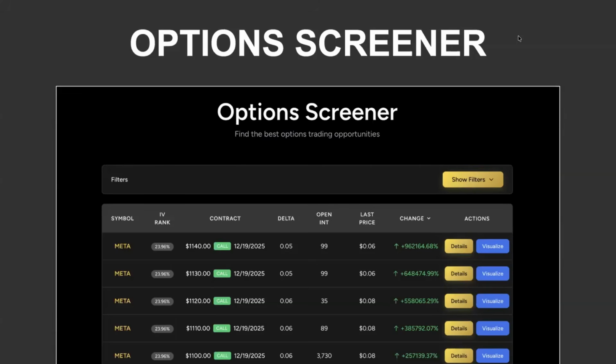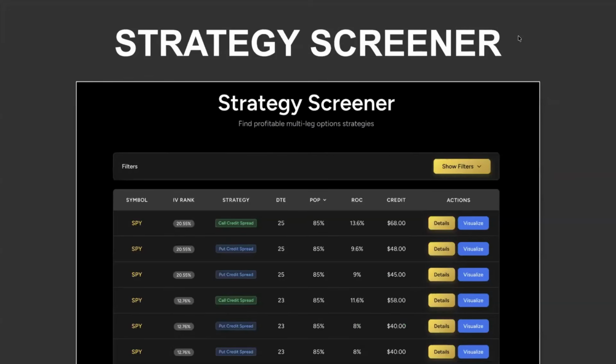So if you want to look for the best option for you, no matter what you're doing, selling a put, selling a call, buying, whatever, you can do that through the option screener. But not only that, there's also a strategy screener. So I took it one step further. If you ever use a tool like Market Chameleon or other option screeners, they not only give you access to screen single options, but also screen by strategies.